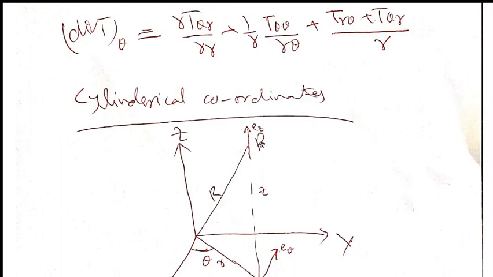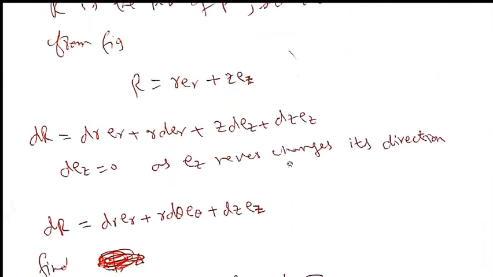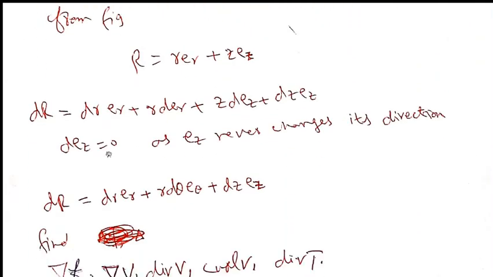If you have point P here, again the direction will be along the z-axis. So the direction of ez will not change, which means its differential will be 0. So we will put here dr er plus r d theta e theta plus dz ez, as we have calculated the differential of R in polar coordinates.